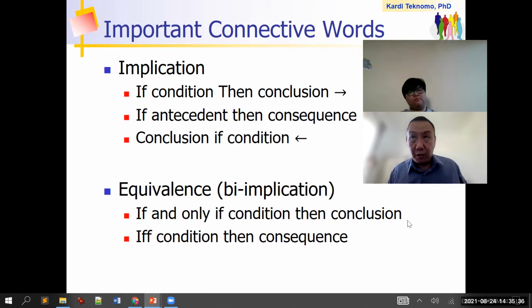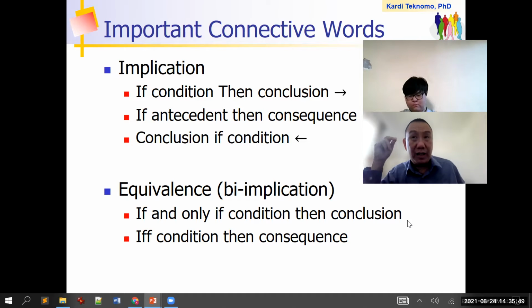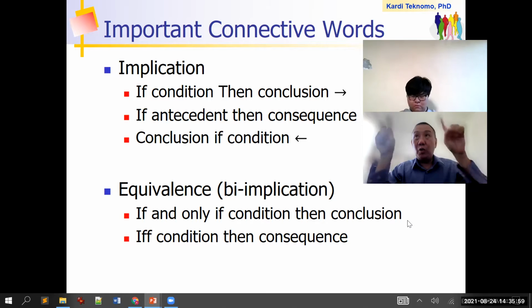How do you know that this is a biimplication? The keyword you should remember is not just if, but if and only if. When you hear the words if and only if, condition then conclusion, that means biimplication. The symbol is a two-way arrow.